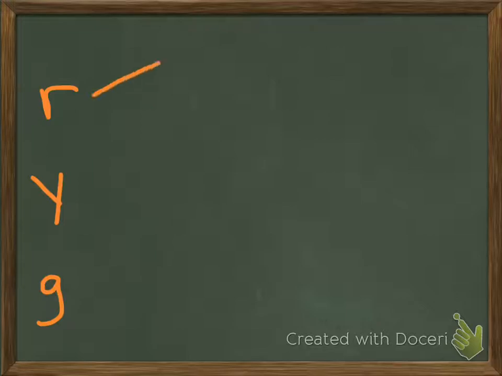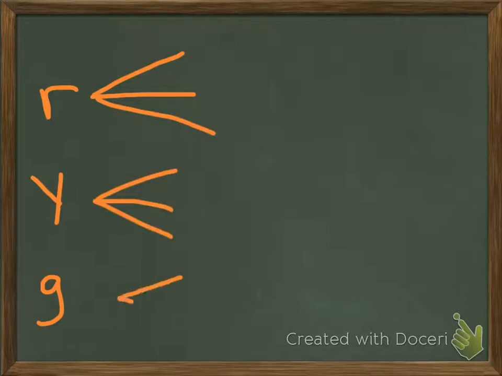So this red will branch out 3 times, the yellow will branch out 3 times, and the green will branch out 3 times. Because when we spin it the first time, we can get red, green, and yellow. But then when we spin it the second time, we could get those 3 possibilities again. So with the red, we can get red, yellow, green. That's what they wanted you to fill out in that book with the rest of that page.